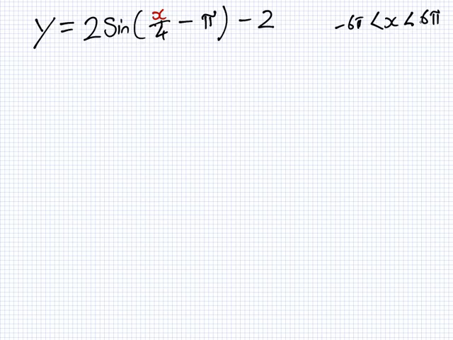Okay. So first, what we need to do is to rewrite this as 2 sine a quarter x minus 4 pi.